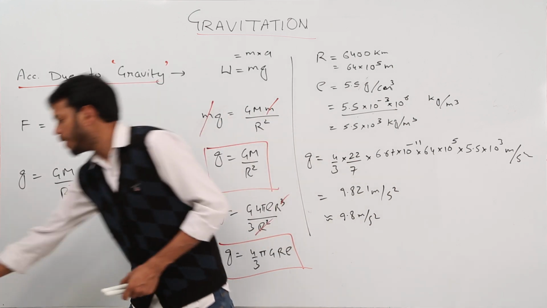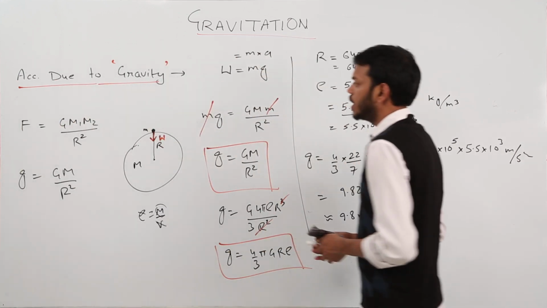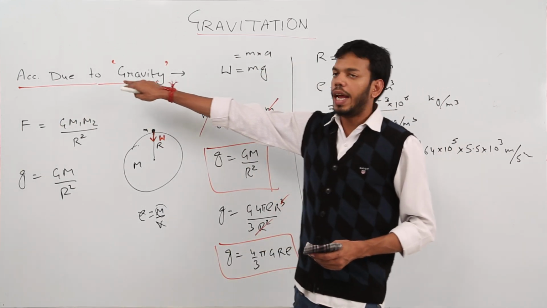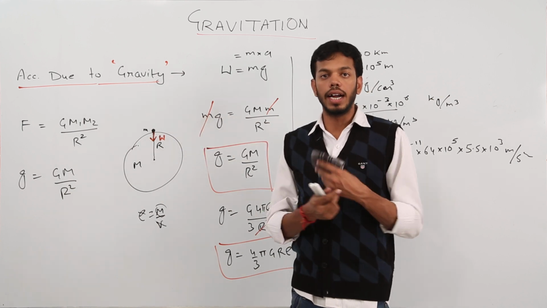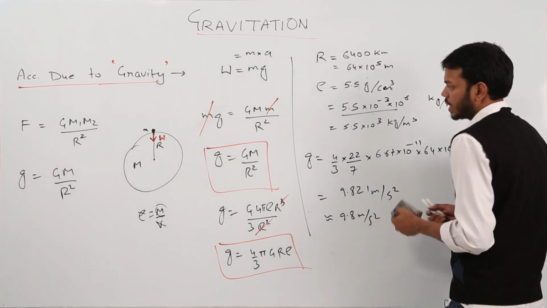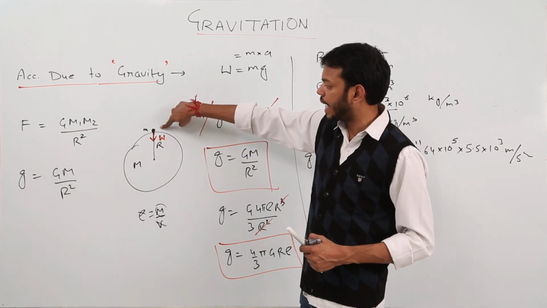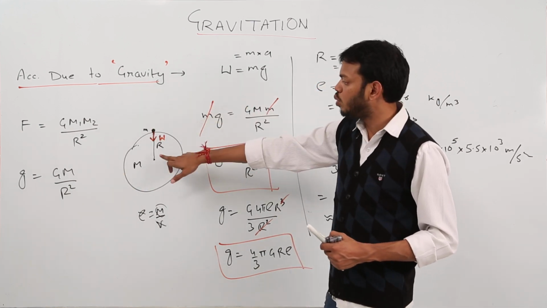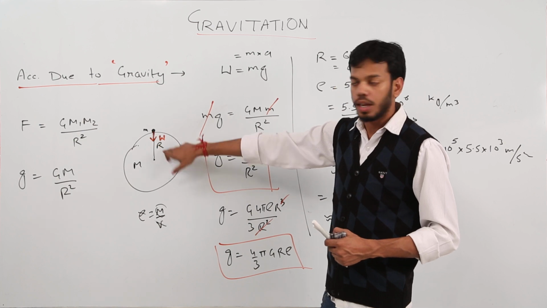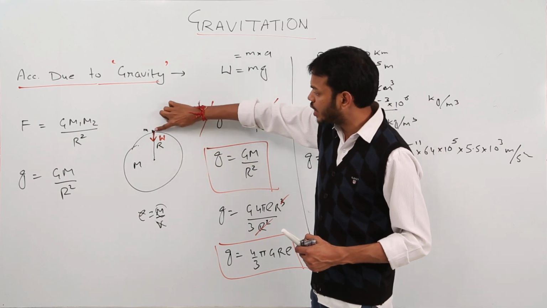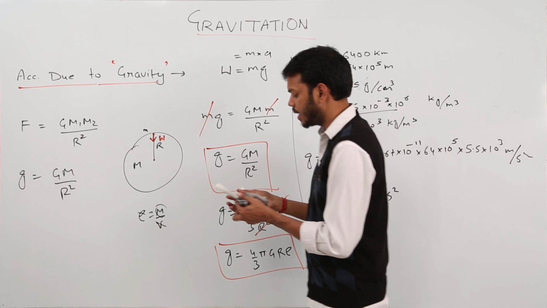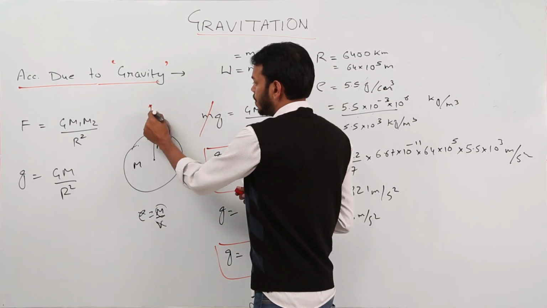Now another important thing for this acceleration due to gravity is how its value changes. Are there any factors involved with this? See, first of all, a very simple factor: I place the body exactly on the surface, so I had to take the distance between the two bodies as r. What if I place this body somewhere here, at some height h?